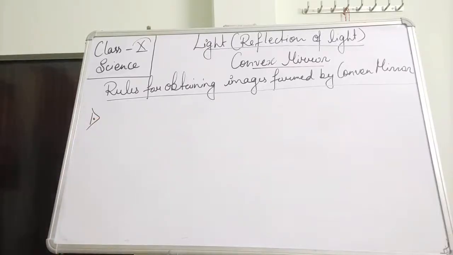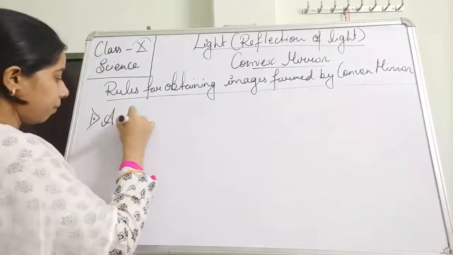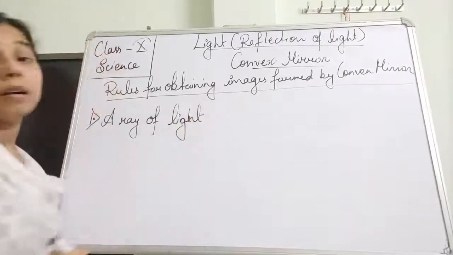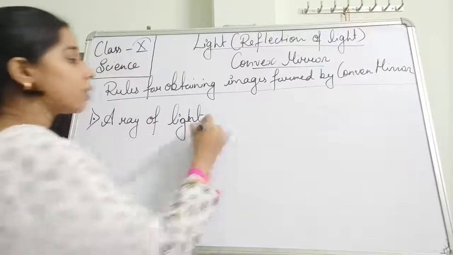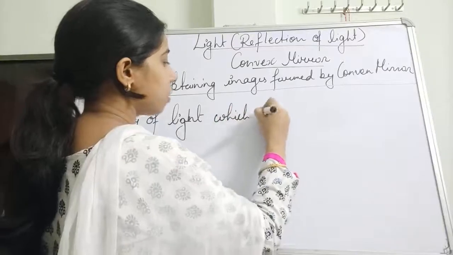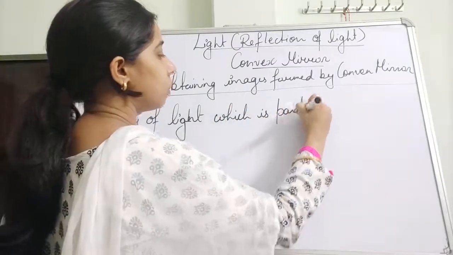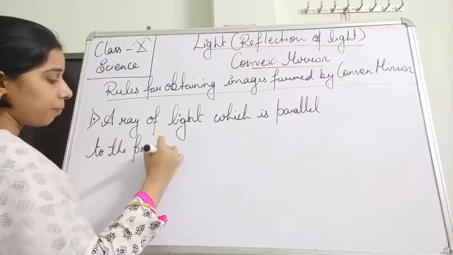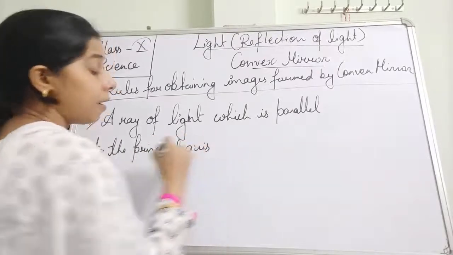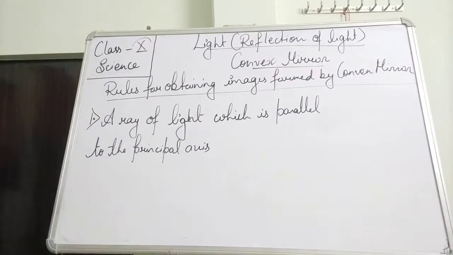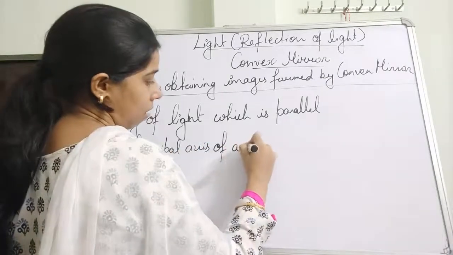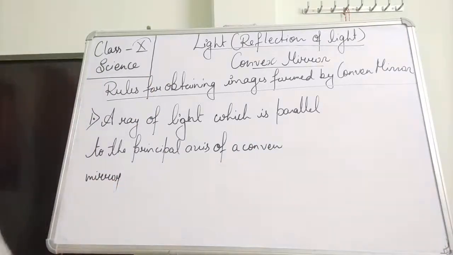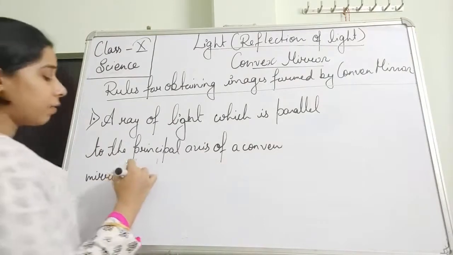The first rule is that a ray of light which is parallel to the principal axis of a convex mirror appears to be coming from its focus.